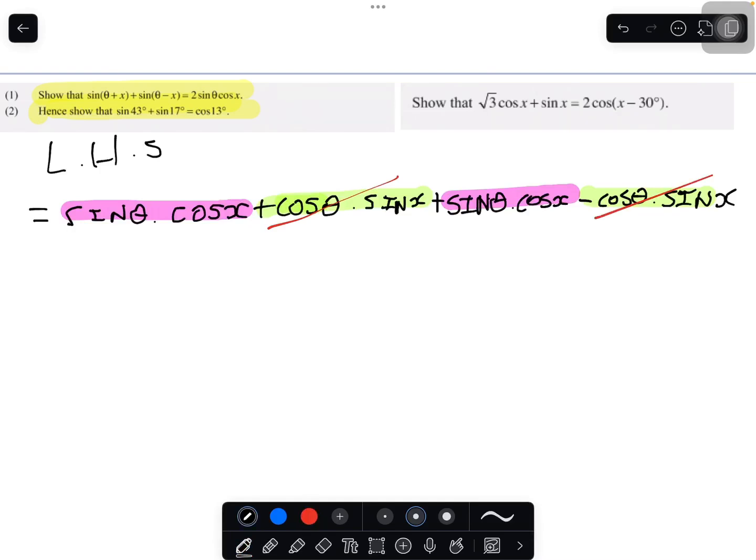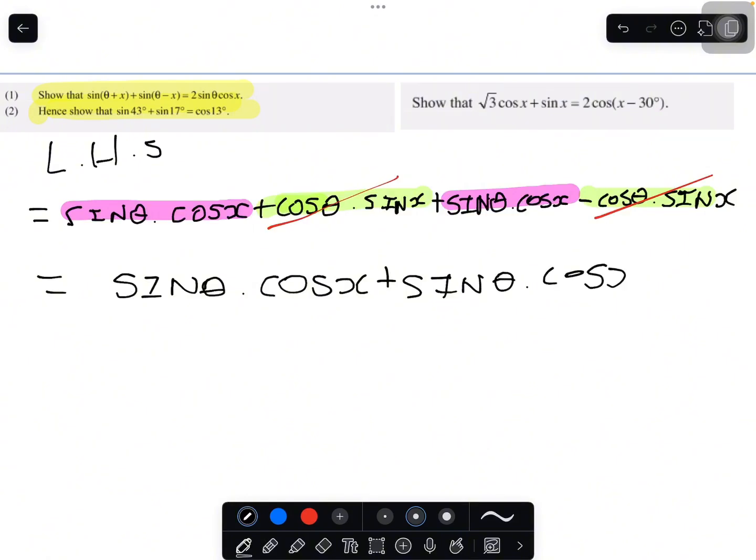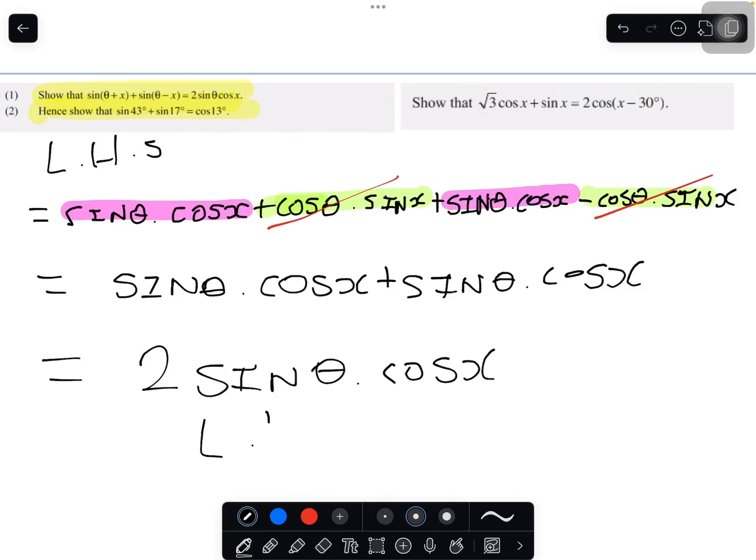And I'm now left with sine theta times cos x plus sine theta times cos x, and I'm left with 2 sine theta times cos x. Now I have that my left hand side equals my right hand side.